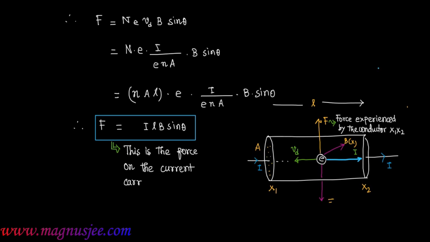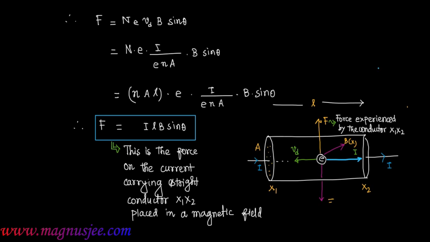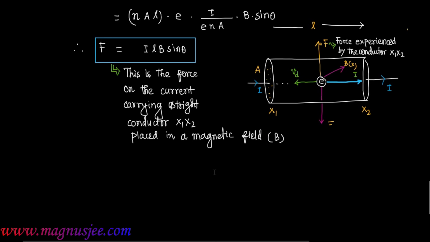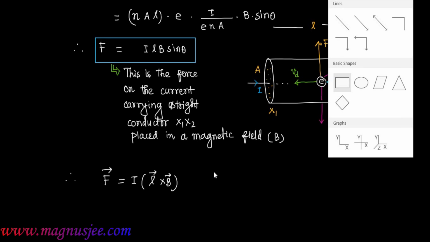This is the force on the current carrying straight conductor X1 X2 placed in a magnetic field B.